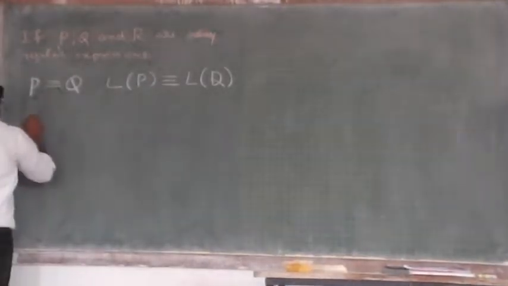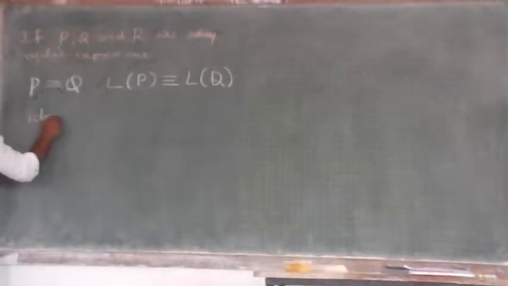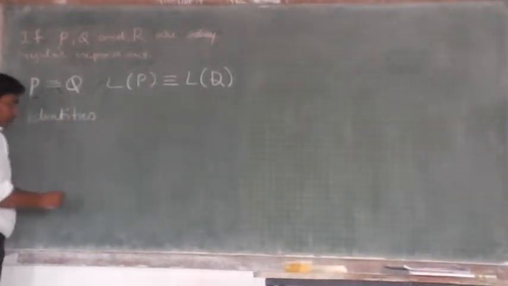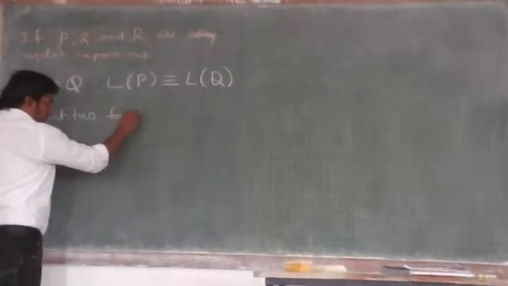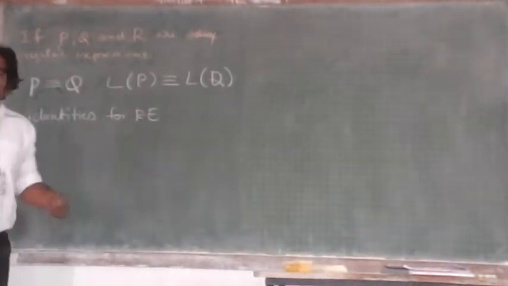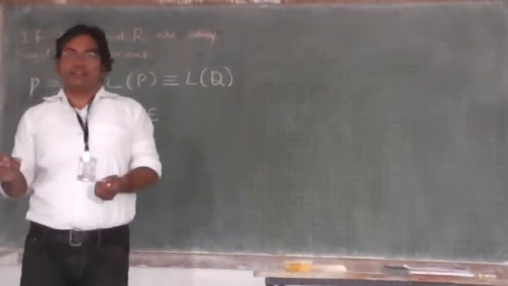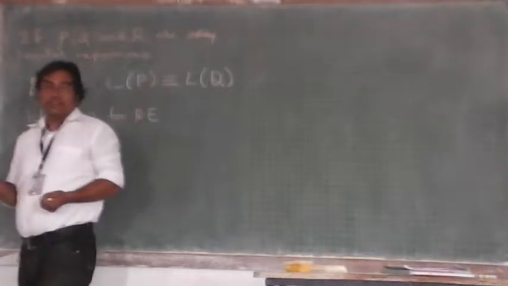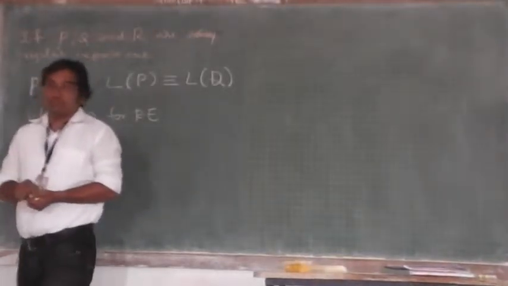So further, we will see the identities for regular expressions. Identities are nothing but simple rules. Okay? They are the formulas, or we can say the truths.